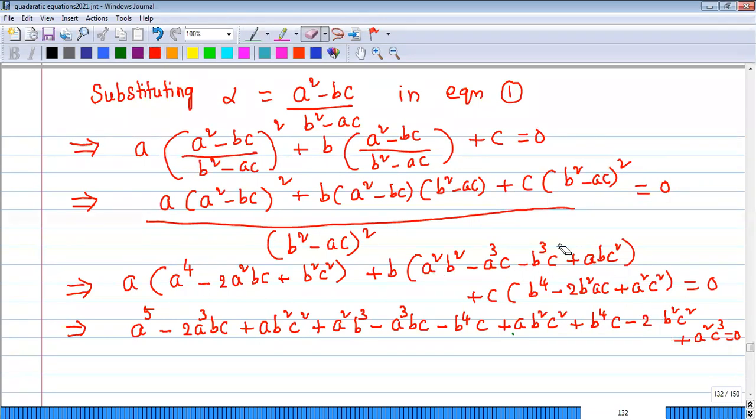Okay, what is this? This one is a square b square, am I correct? Right, a square b square c square.